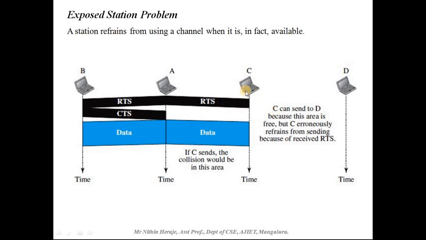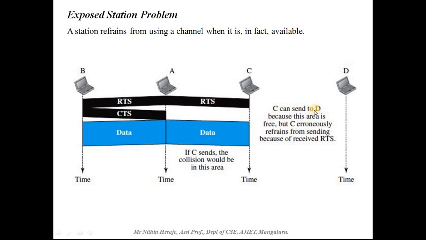But what happens with C is, if C wants to send data to D, then C will not send the data at this time because C is already exposed to the RTS frame of A. Thinking there is a transmission, C will not send any data to D, though there would not be any collision if C sent the data to D. So that is a waste of time, right?